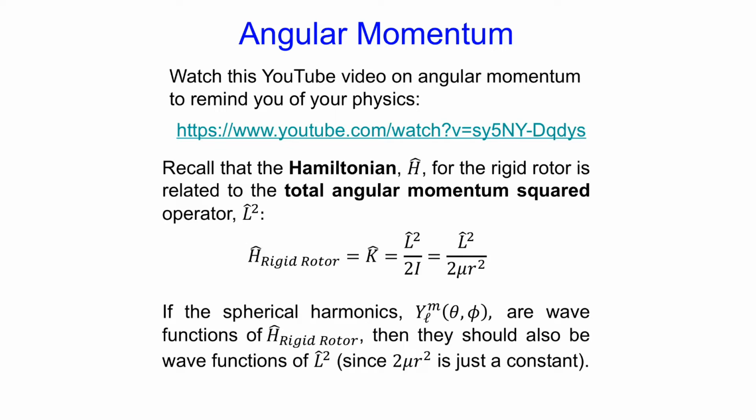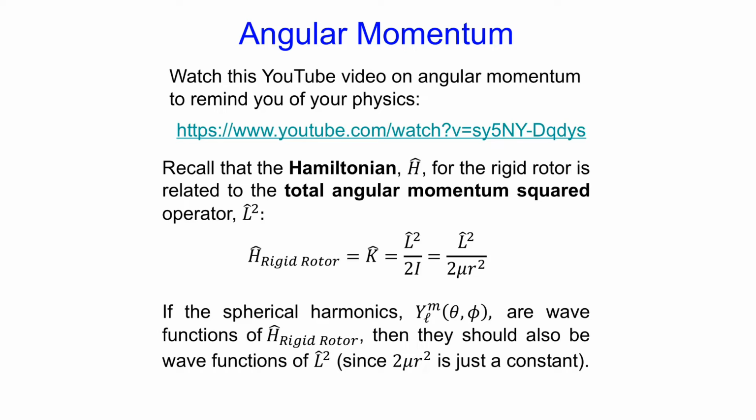We've already seen that the spherical harmonics are solutions to the rigid rotor Hamiltonian. That means they should also be wave functions of L squared, since this 2 mu r squared in our Hamiltonian is just a constant.